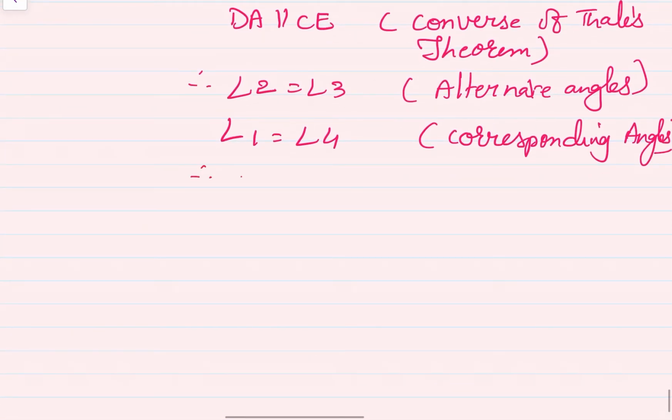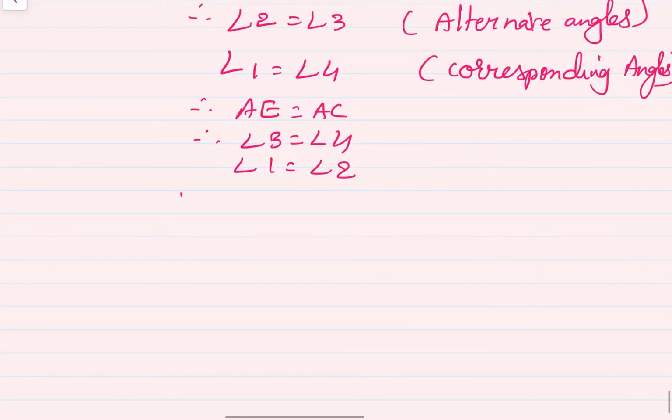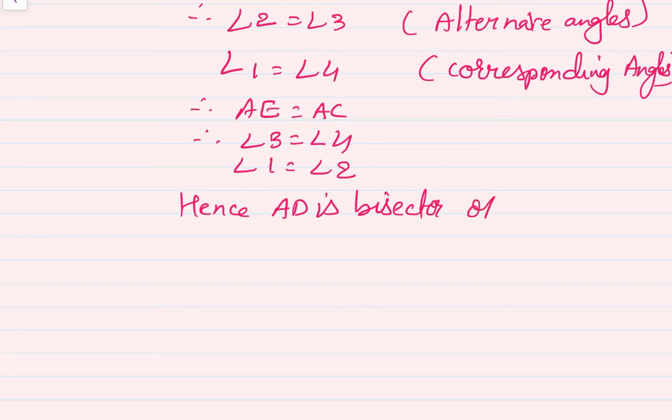Since AE is equal to AC, angle 3 is equal to angle 4, and hence angle 1 is equal to angle 2. Hence, AD is the bisector of angle BAC, which is proved.